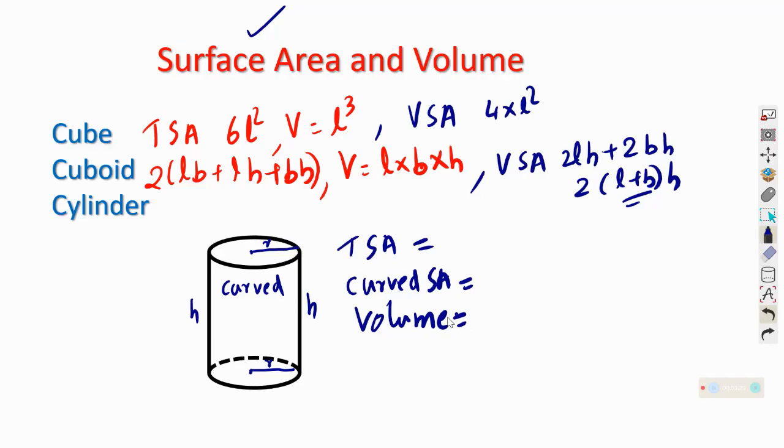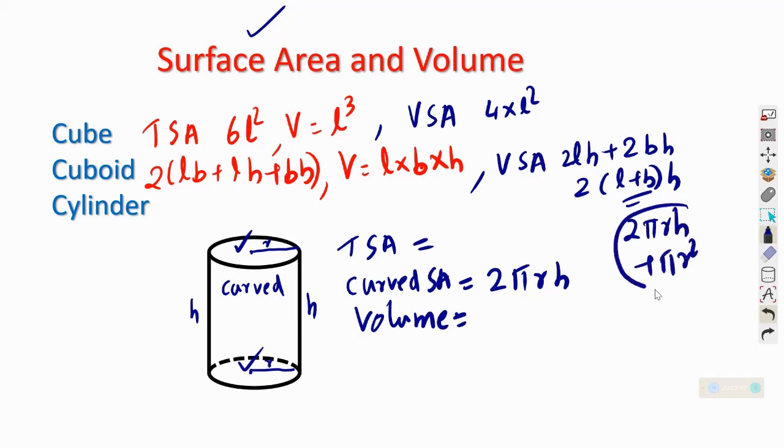So in the case of a cylinder, we say that the curved surface area is this curved area. Last year you found that the curved surface area can be calculated by 2 pi r h. And then you studied that curved surface area plus top and bottom, you will be adding 2 pi r h plus pi r square.